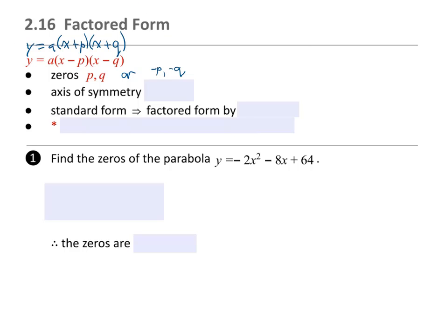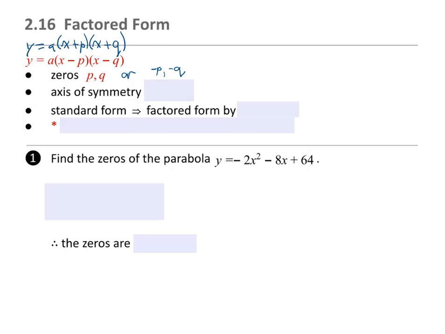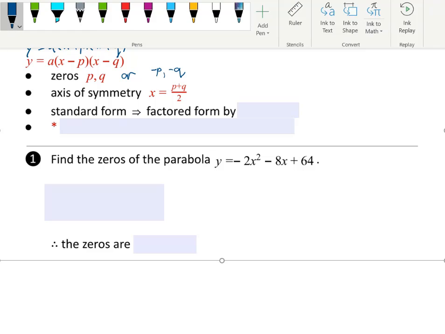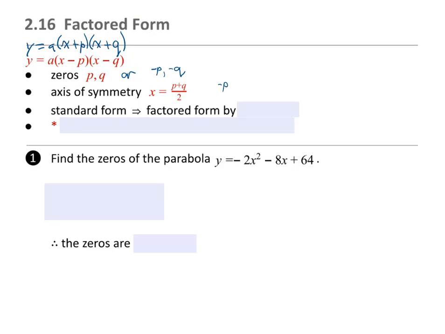Perfect. Okay. My axis of symmetry is going to be halfway between the two zeros. So in this case, you add them together, P and Q, divide by 2. Or if you're using blue, negative P plus negative Q divided by 2.